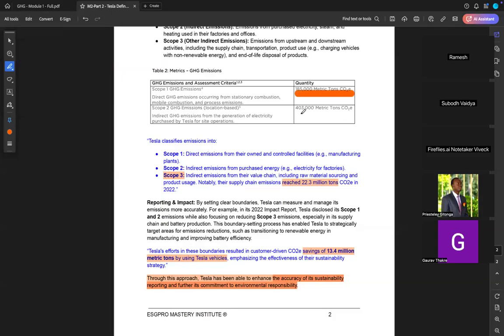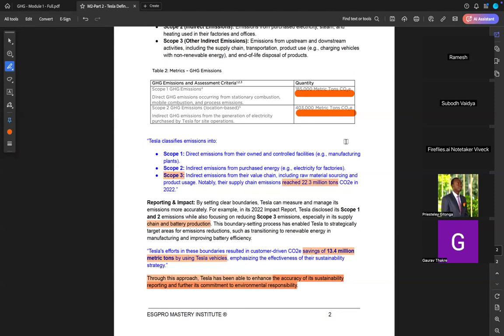So compared with scope 3, scope 1 and scope 2 are actually very small, and they could concentrate more on the battery side, which they probably would have outsourced, the supply chain. Correct. Yes, value chain, battery production. True. They could concentrate there on what effectiveness they can achieve, so that setting the boundary can make them decide where they want to reduce, based on this. Perfect. Perfect, Ramesh ji.